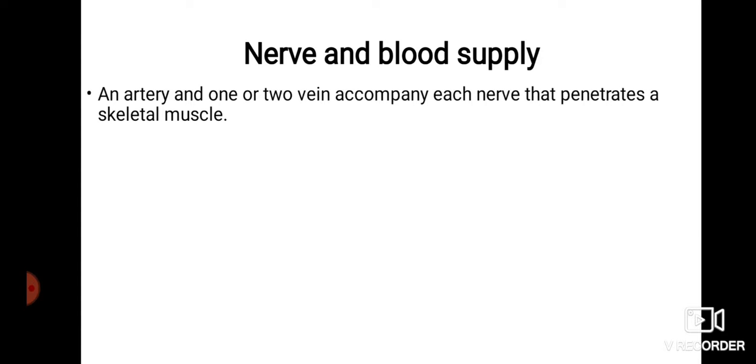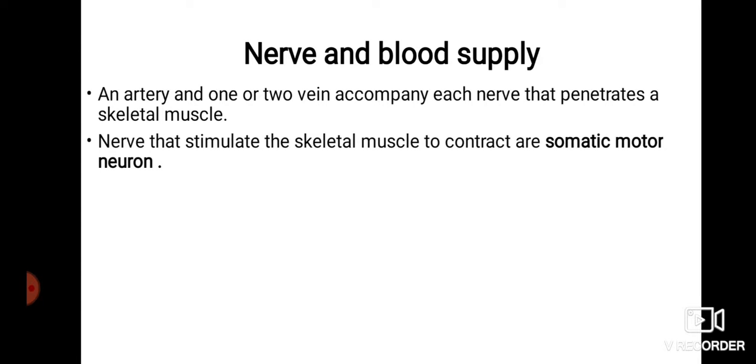So in skeletal muscles, one artery and two or more veins go with each nerve. And the nerves that supply the skeletal muscle to contract are the somatic motor nerves.